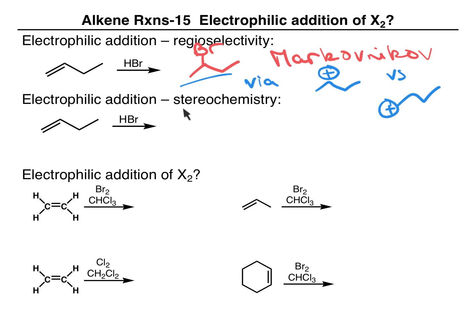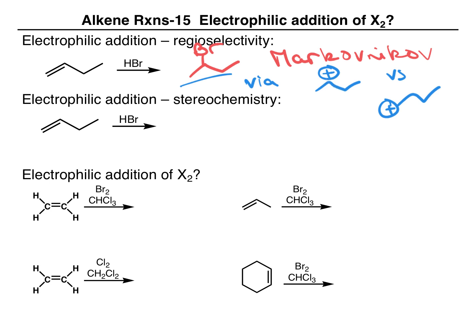There are also aspects of stereochemistry when it comes to electrophilic addition, and it's because of the carbocation intermediate. Keep in mind that this carbon is sp2 hybridized, and so the carbocation is planar.